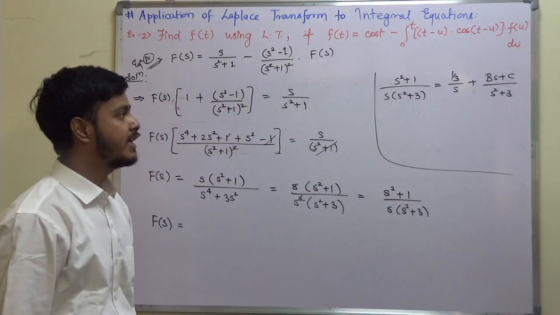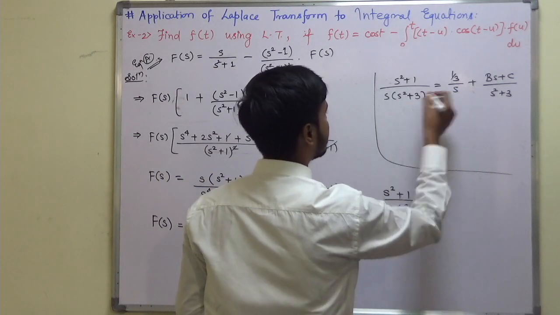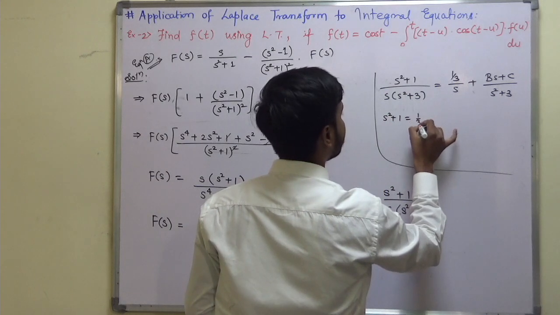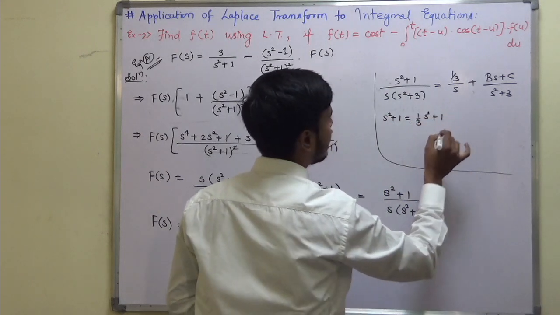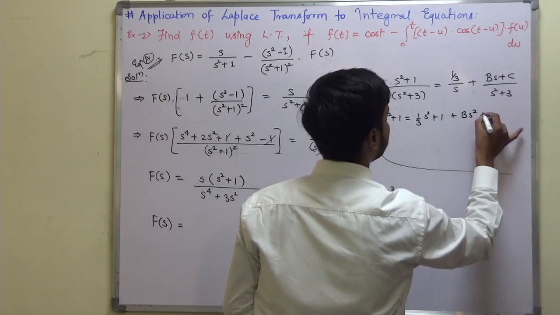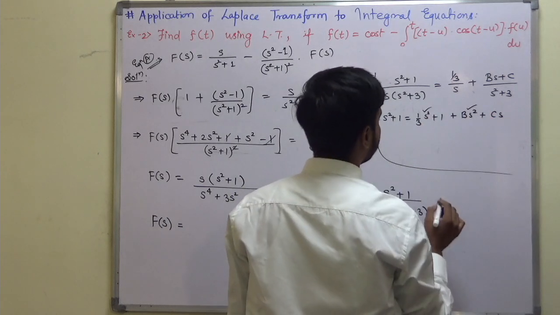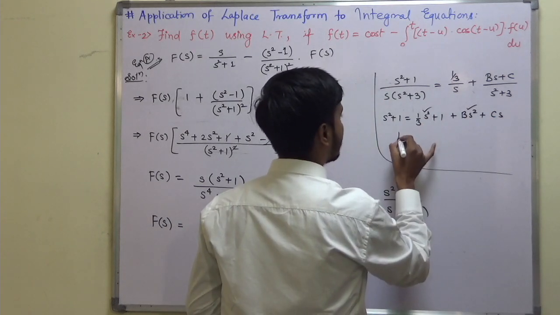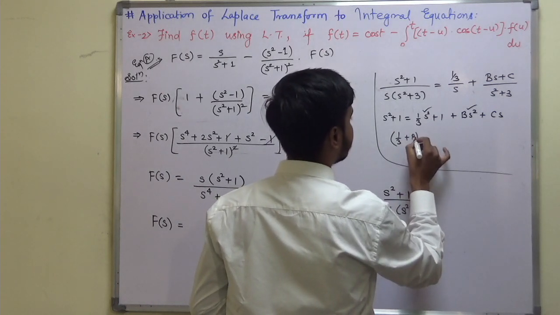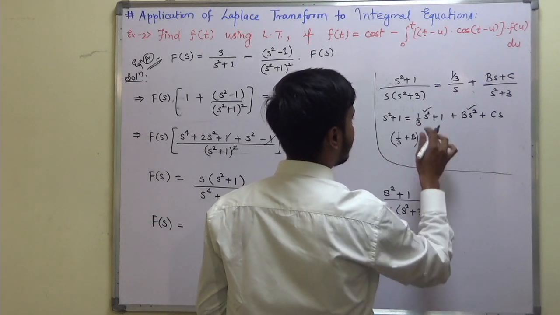Then you have to solve for the others. So how are you going to solve this? s square plus 1 is equal to 1 by 3 into s square plus 1, then plus bs square plus cs. These are the terms of s square: 1 by 3 plus b, so this is equal to 1.